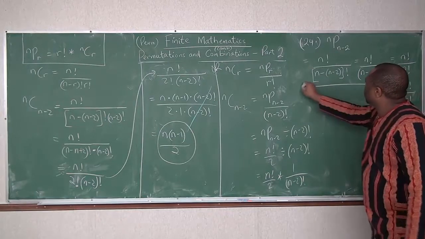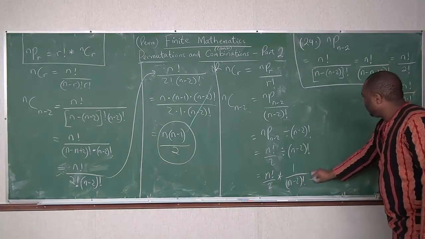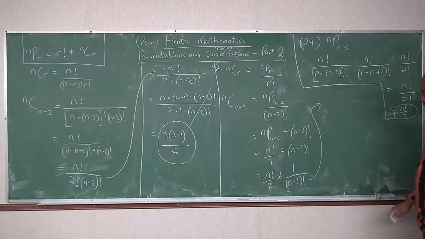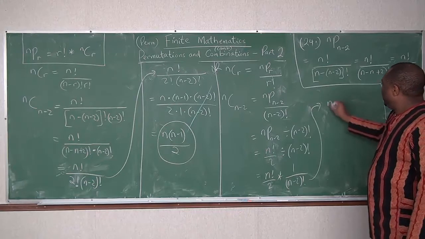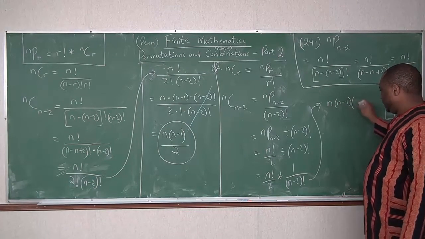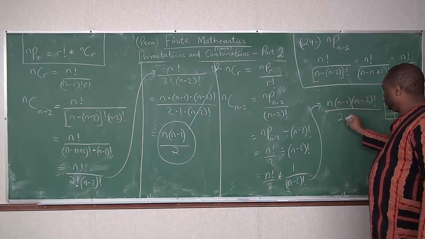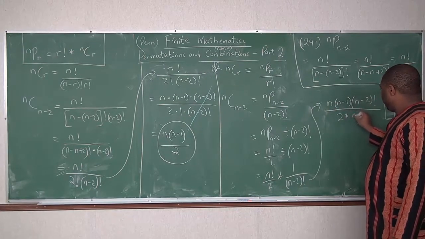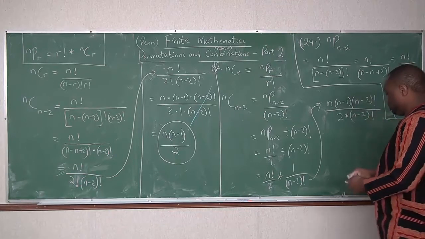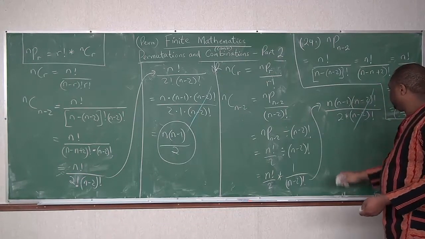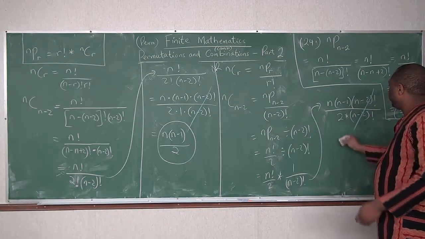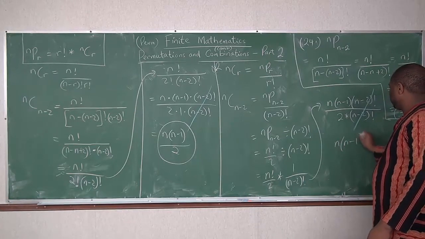So now this will give us n times (n minus 1) times (n minus 2) factorial over 2 times (n minus 2) factorial. And then what do you have? n times (n minus 1).